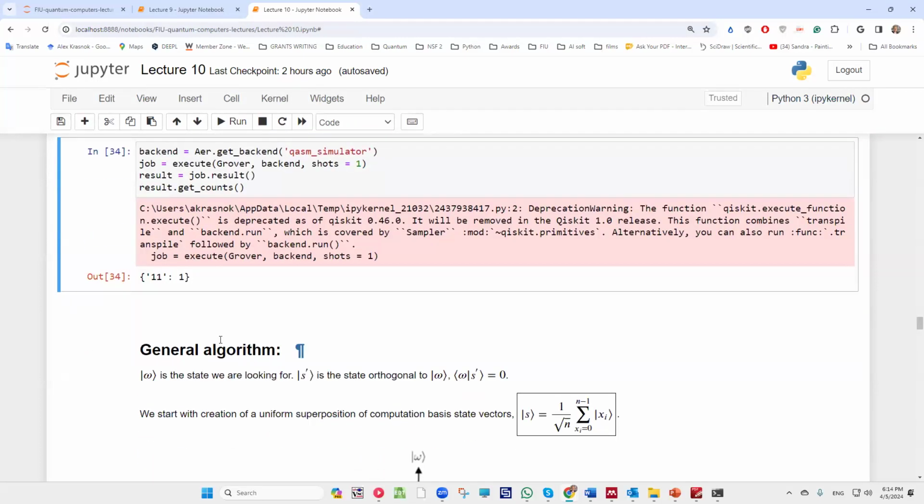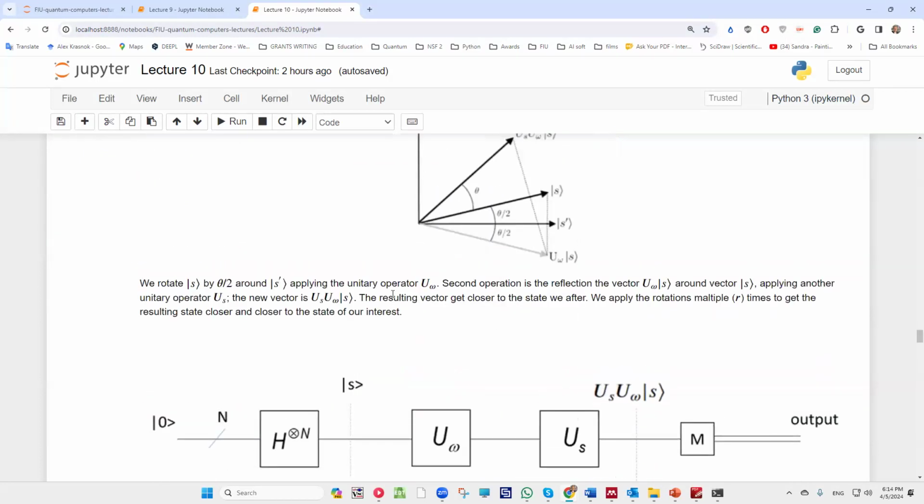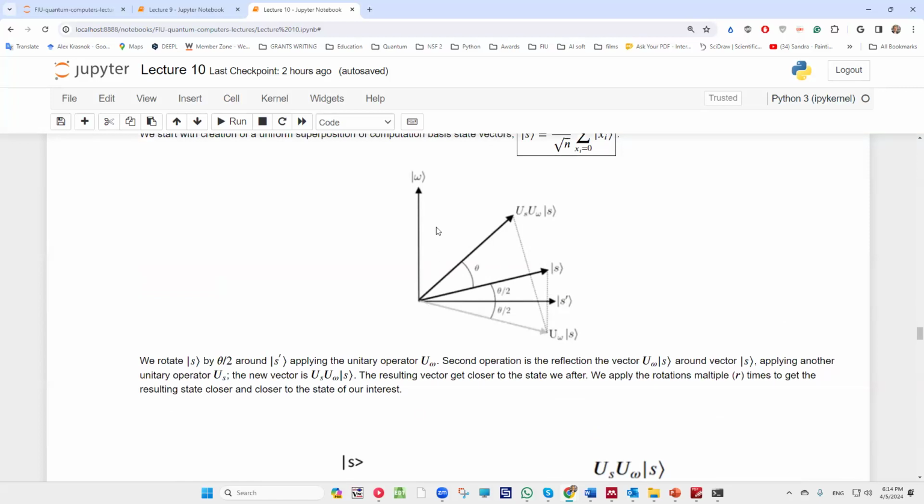Unfortunately, it doesn't work perfectly always, and in reality, this vector cannot get perfectly to the vector omega. So they can never lie on the same line and point in the same direction.